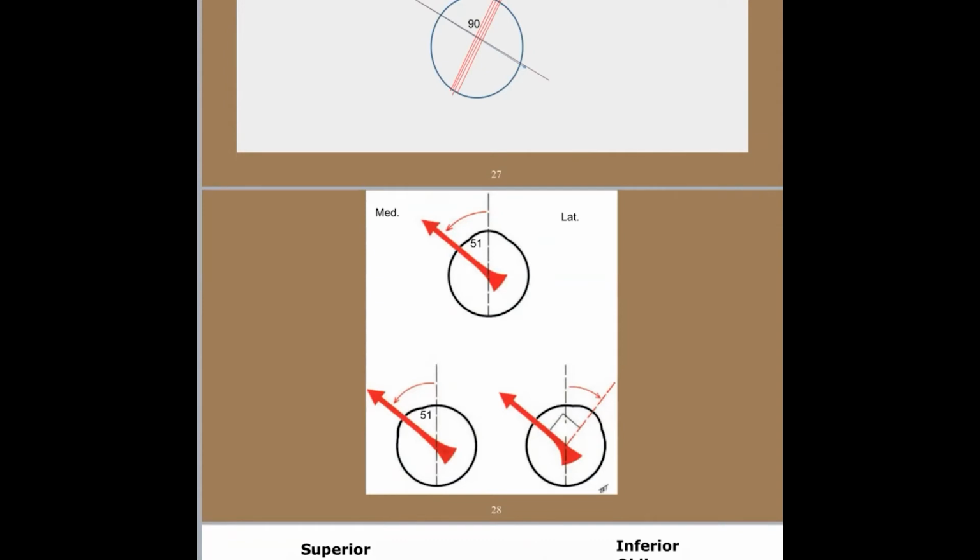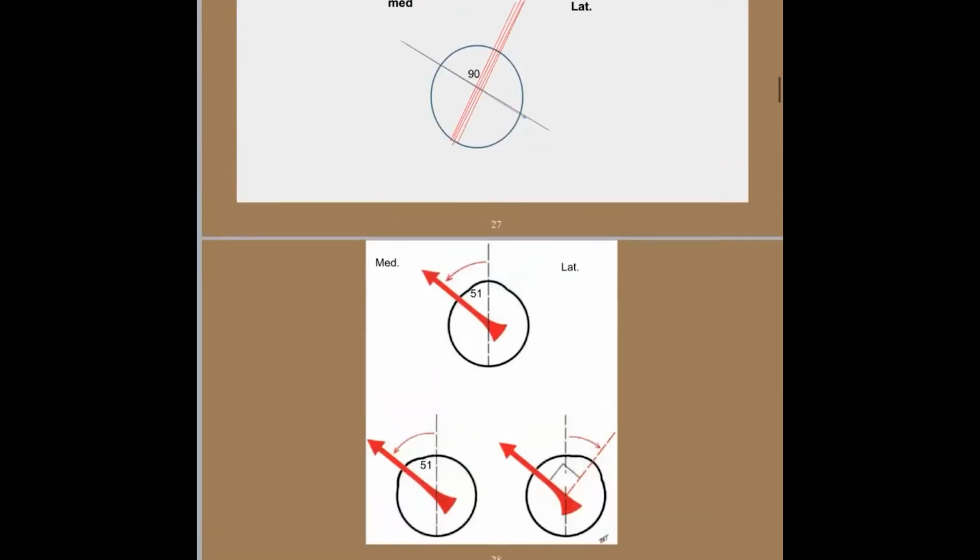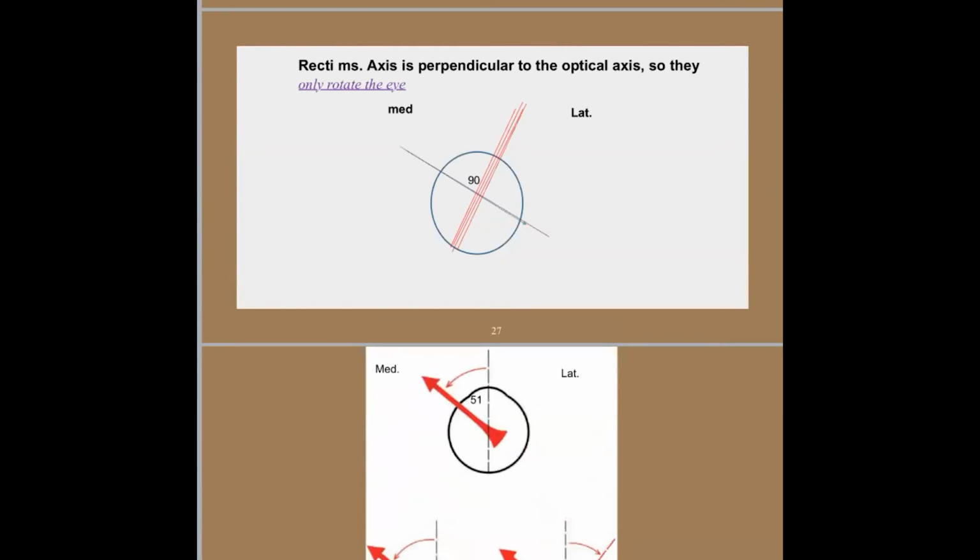If you are attaching to the superior part of the ball, like that, and I imagine that I have a cornea here, the muscle, which is your fingers or your hand, is perpendicular to the direction of the cornea.